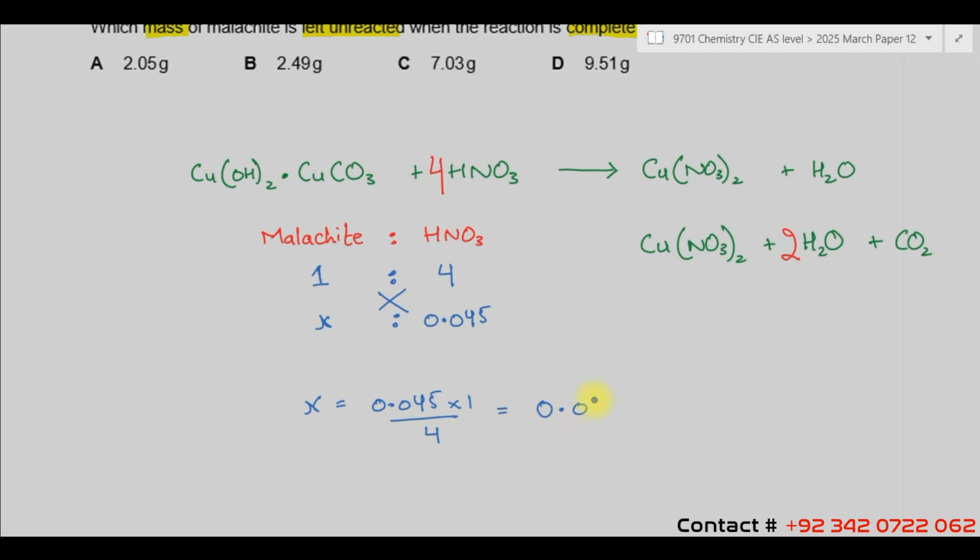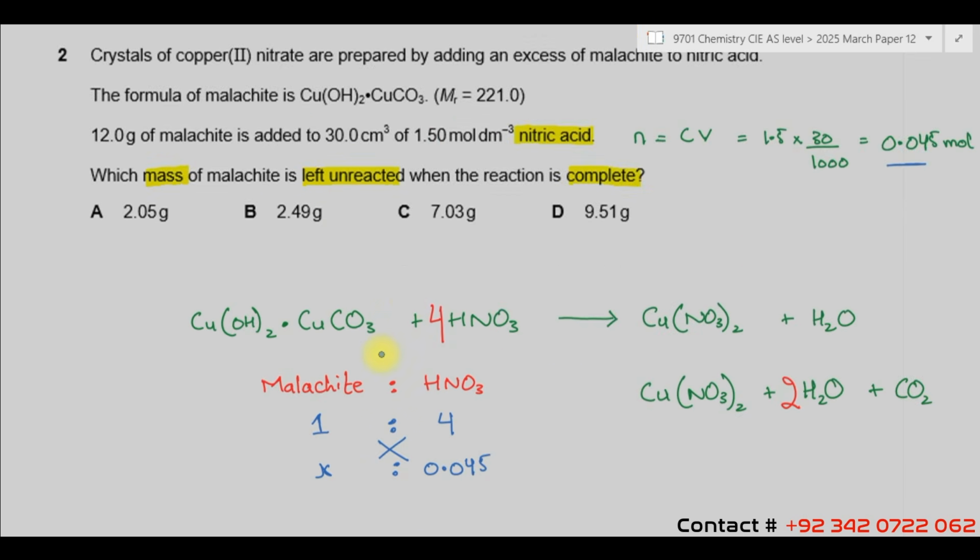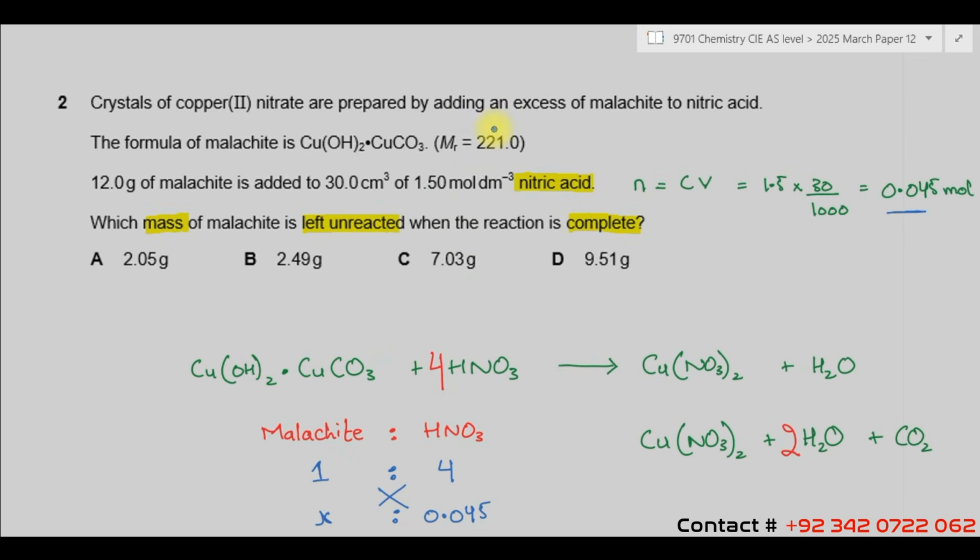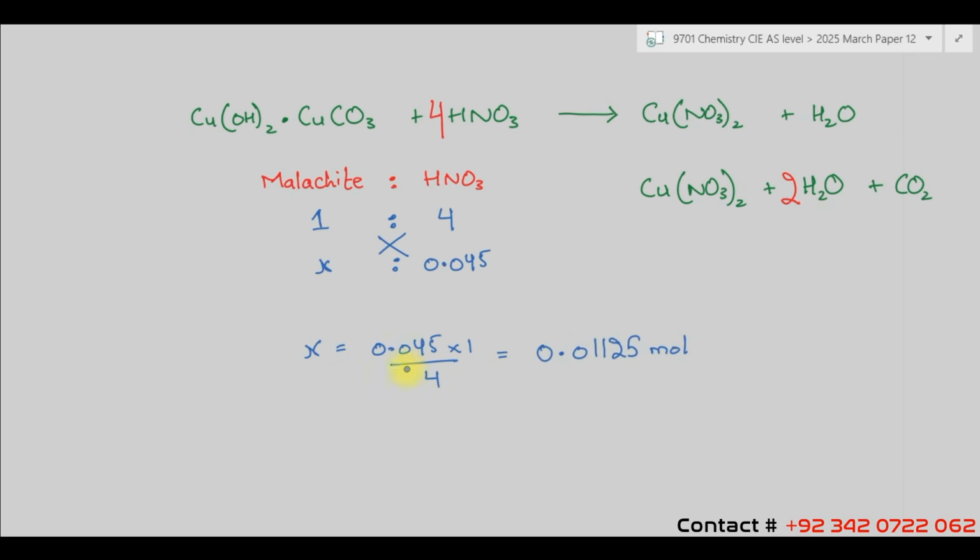So it is 0.01125. Let's convert these moles into mass. We can see from the question Mr is given as 221. So mass is equal to moles times Mr.